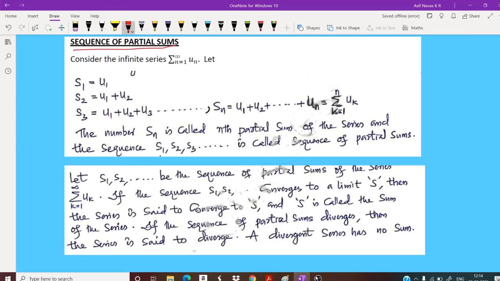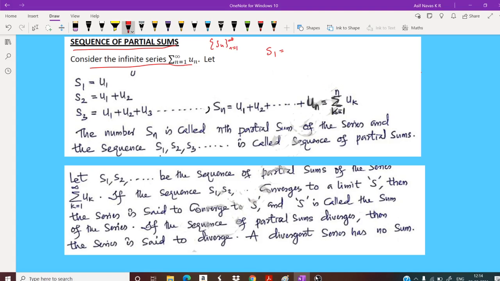Consider an infinite series, sigma n equal to 1 to infinity un. Now I am defining a new sequence Sn, n equal to 1 to infinity.